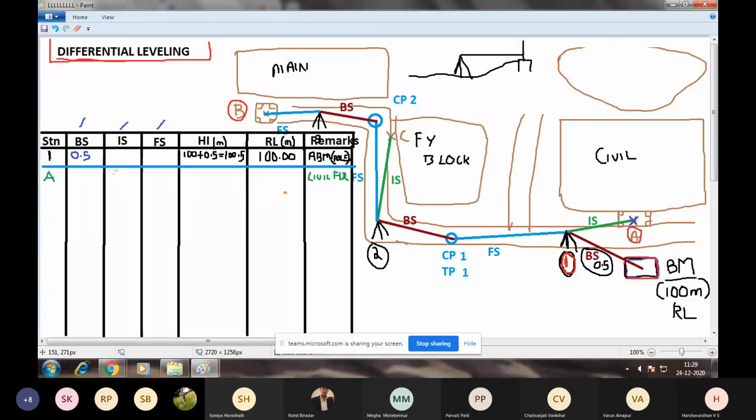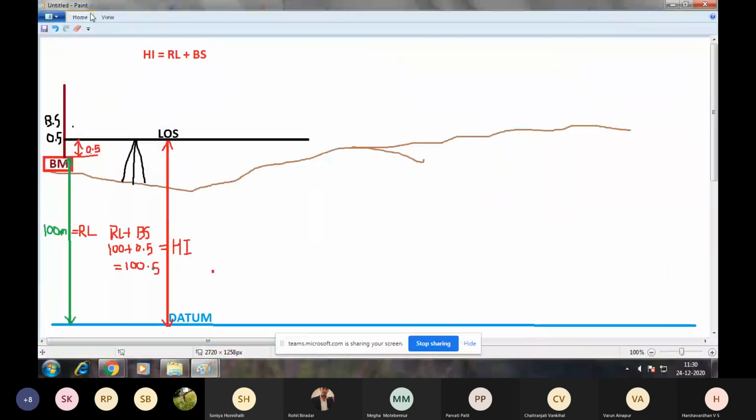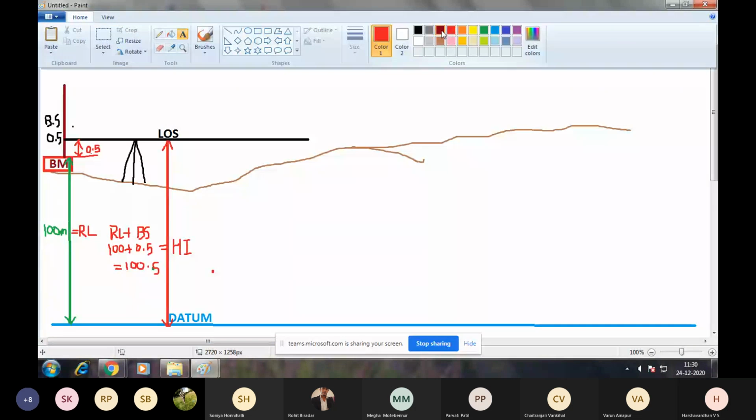Okay, so let's say I get a staff reading of 1.5 meter. I'll show it in the vertical plane.